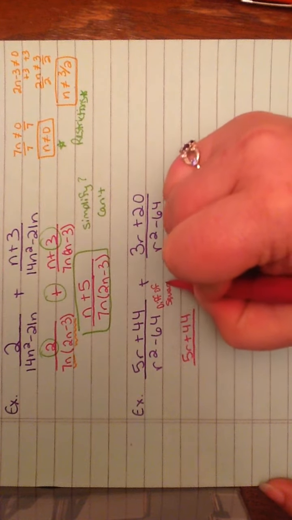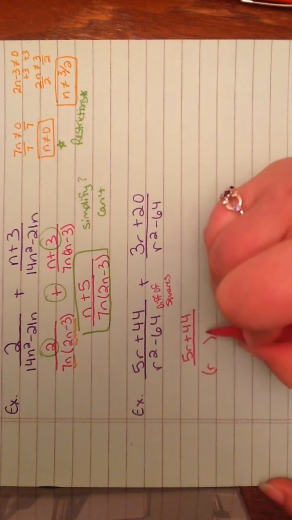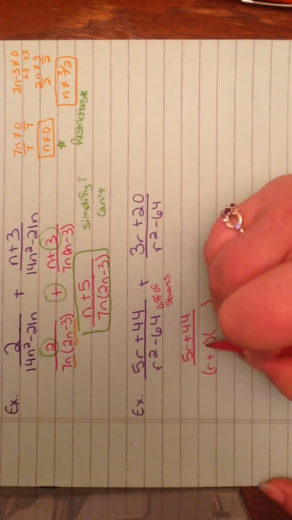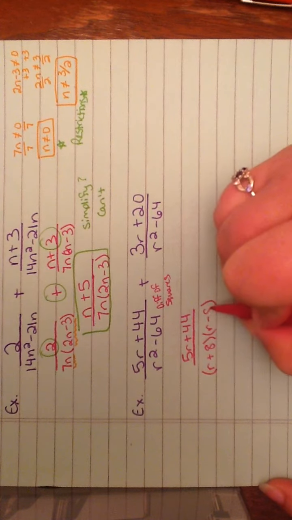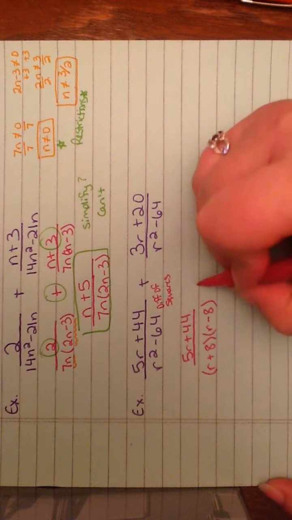How that factors is the square root of r squared, which would be r, plus the square root of 64, which is 8, and then the square root of r squared minus the square root of 64, which is 8. So we have r plus 8 and r minus 8.